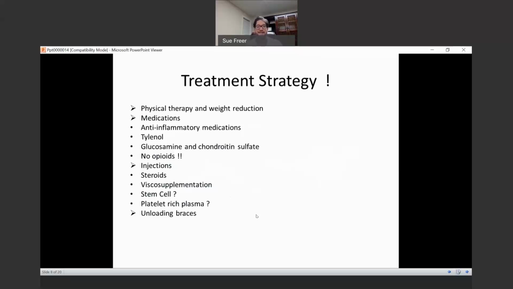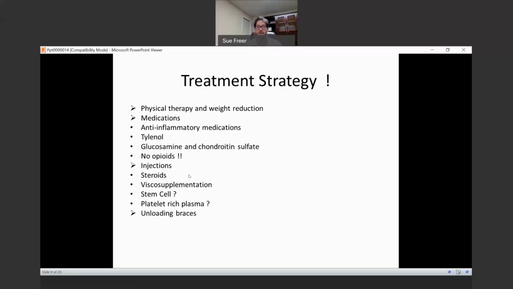Treatment strategies: physical therapy and optimizing the muscles around the joints, hip or knees, can honestly delay the onset of this or help treat the mild or moderate forms of osteoarthritis. Weight reduction is extremely important as well. Now, in mild or moderate cases, anti-inflammatory medications are very helpful.